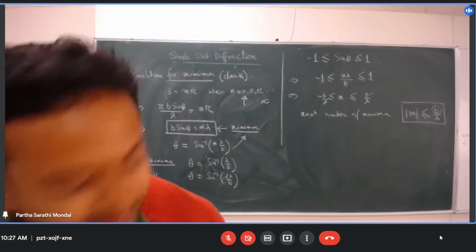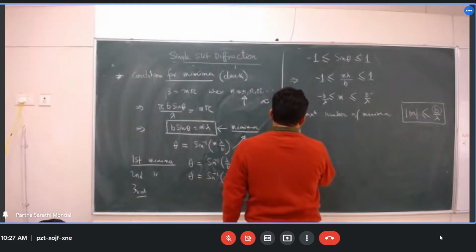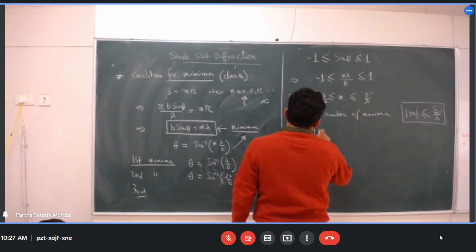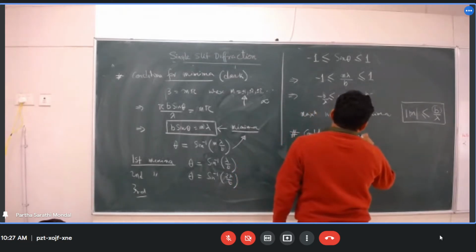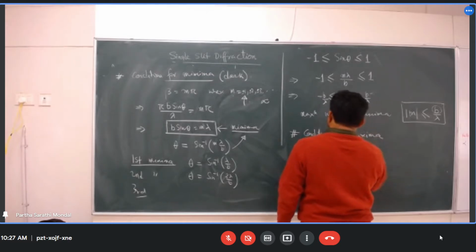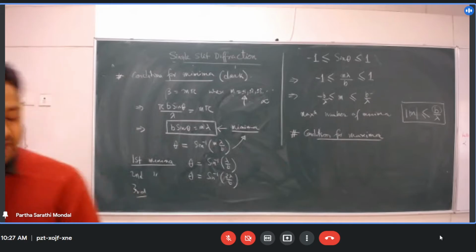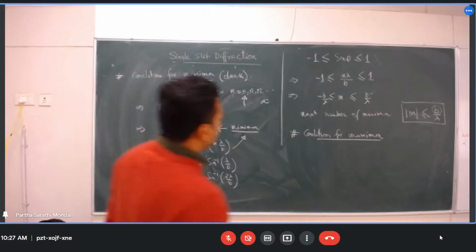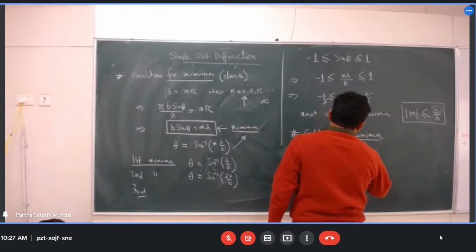Now let us find the condition for maxima. For any extremum, we know that the first derivative of the function should be 0. We have a function I equal to I of beta.